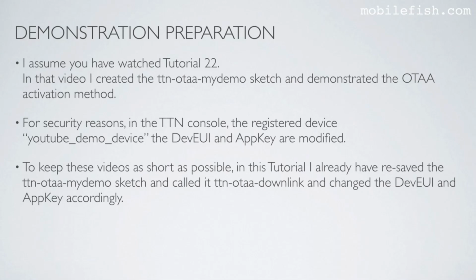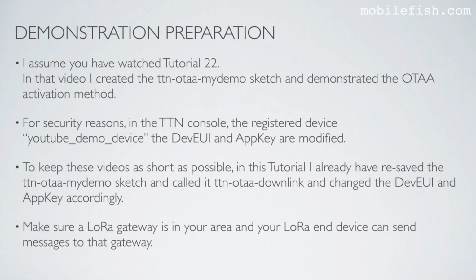To keep these videos as short as possible, in this tutorial I already have resaved the TTN OTA My Demo sketch and called it TTN OTA Downlink and changed the dev EUI and app key accordingly. Make sure a LoRa gateway is in your area and your LoRa end device can send messages to that gateway.